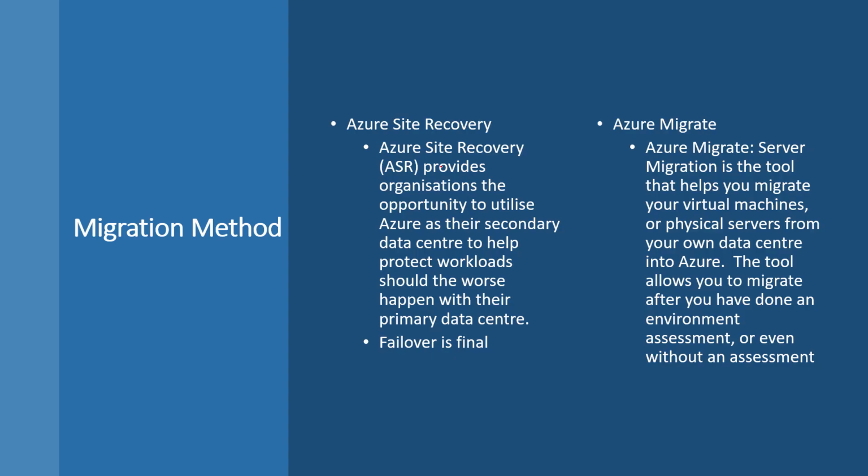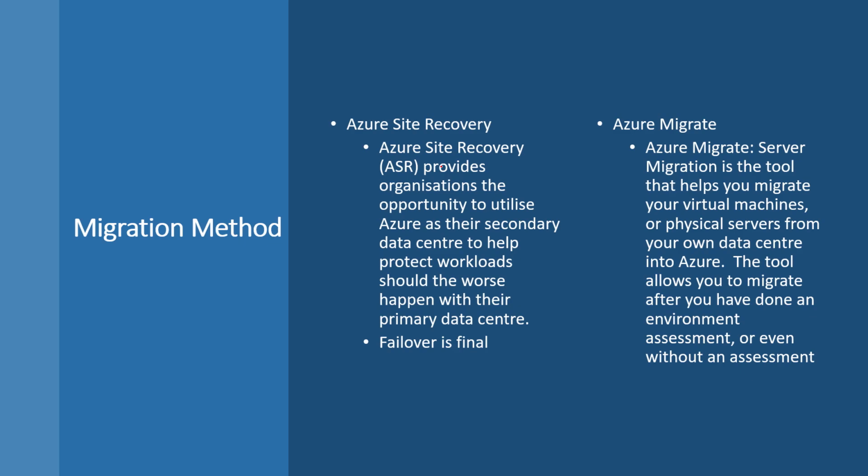There are two ways to migrate from on-premises to Microsoft Azure: Azure Site Recovery and Azure Migrate. Azure Site Recovery actually is a feature for disaster recovery. You can consider Microsoft Azure as your secondary data center to protect your workload when there is a natural disaster or any kind of planned failover you're planning.